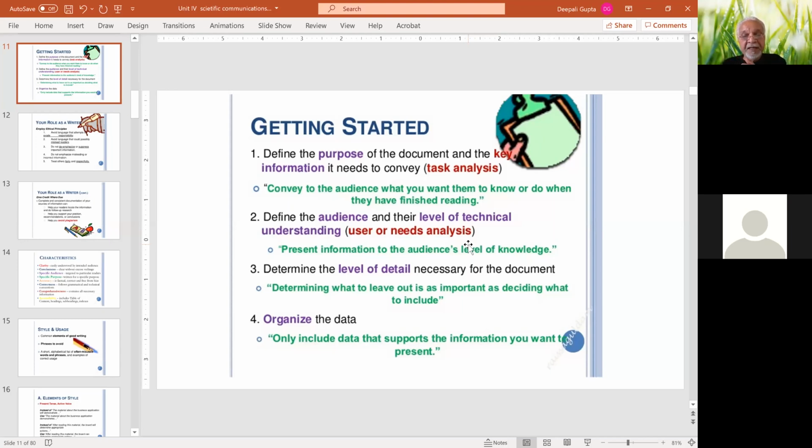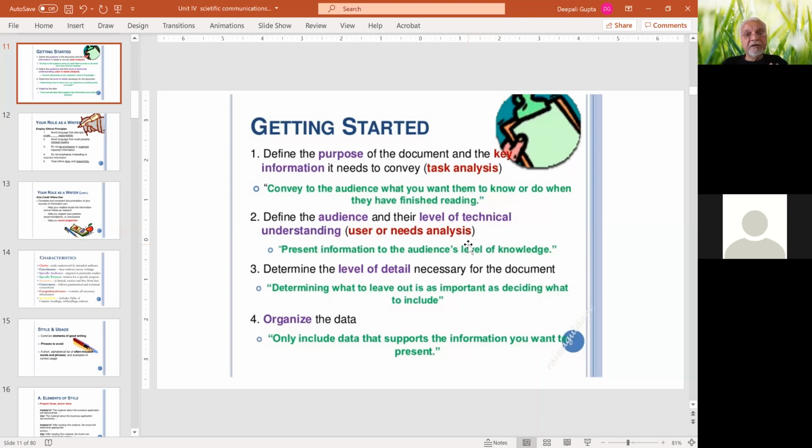And then you have to organize the document by way of supporting information you want to give to make your point clear.